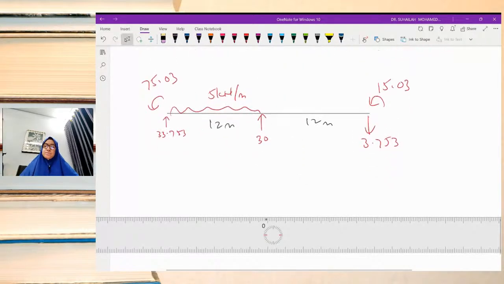Now we want to draw the shear force diagram and bending moment diagram.